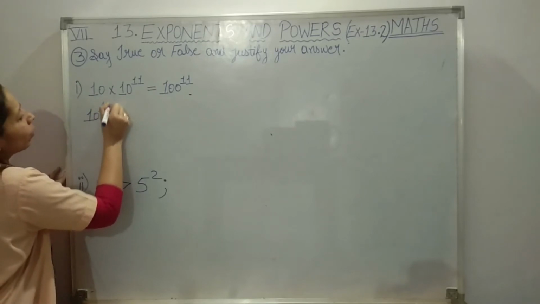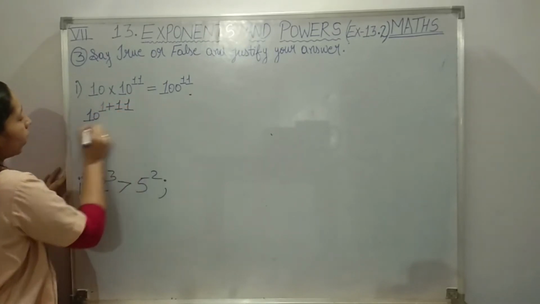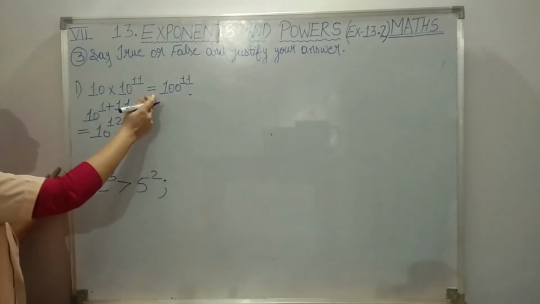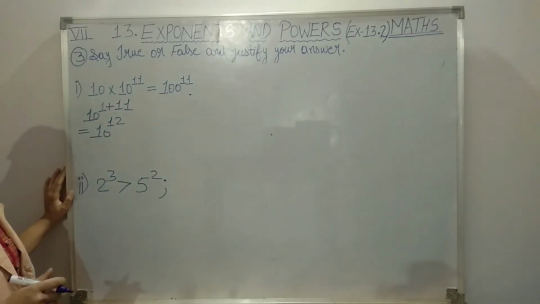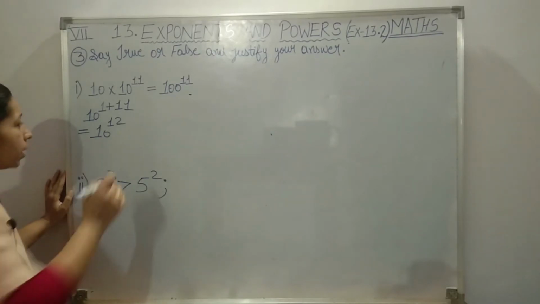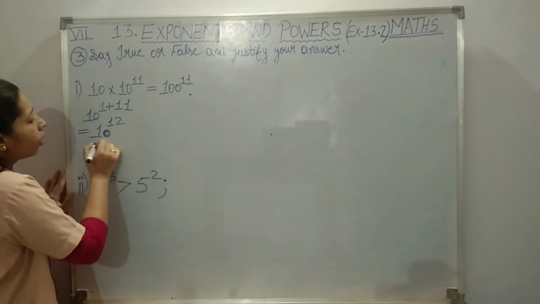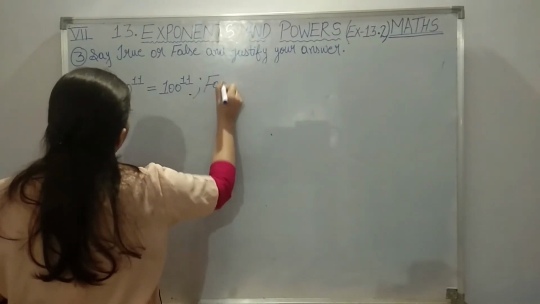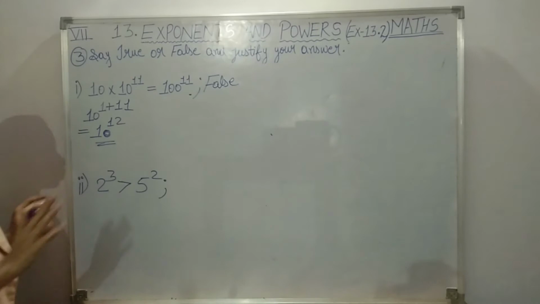So the powers we are going to add. Okay, so what we are going to get? 10 raised to the power 12, but here it is given that it equals 100 raised to the power 11. Is it correct students? No, it is not correct. So in the answer itself I am going to write false and the correct answer we have shown here.